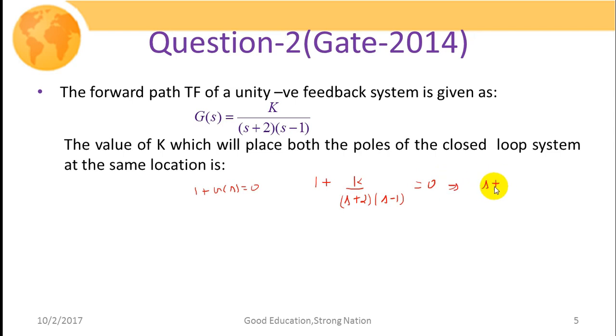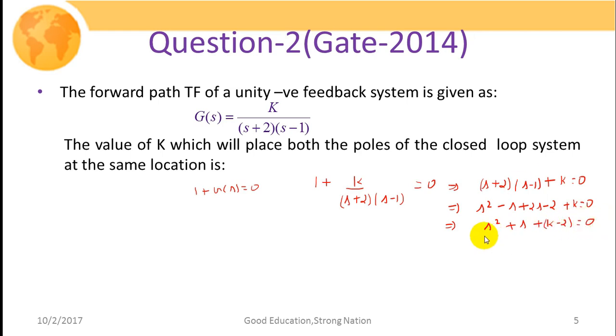It implies (s plus 2) times (s minus 1) plus K will be equal to 0. It means s square minus s plus 2s minus 2 plus K is equal to 0. It implies s square plus s plus K minus 2 will be equal to 0.